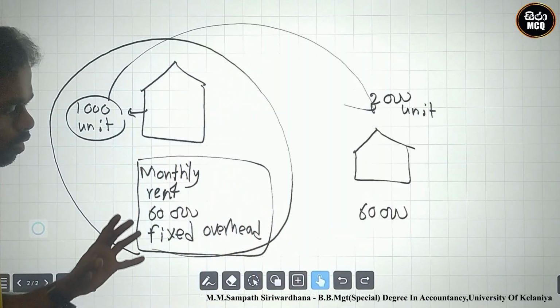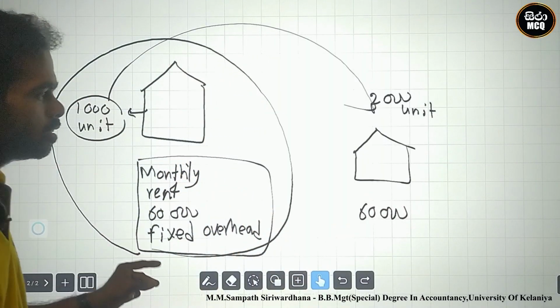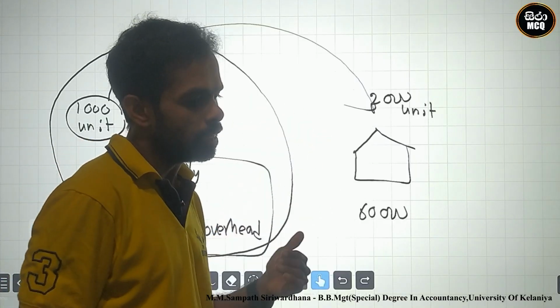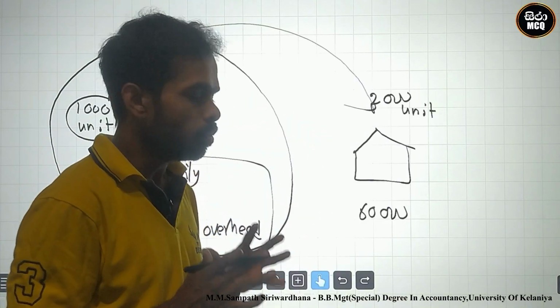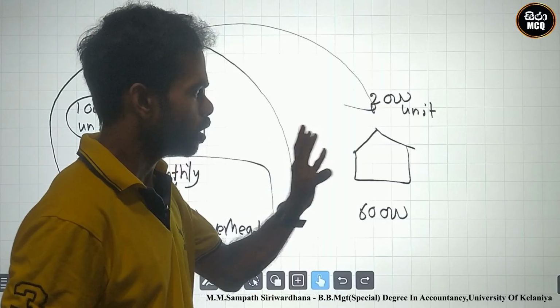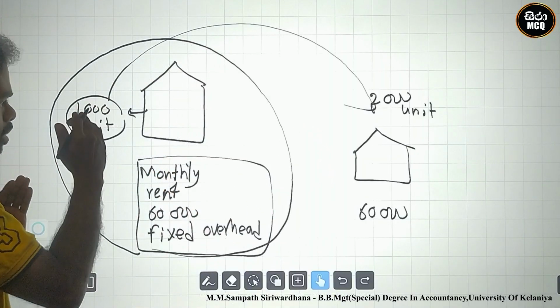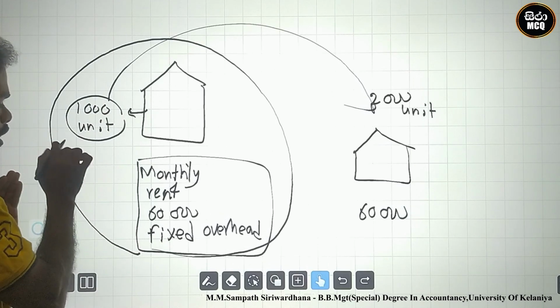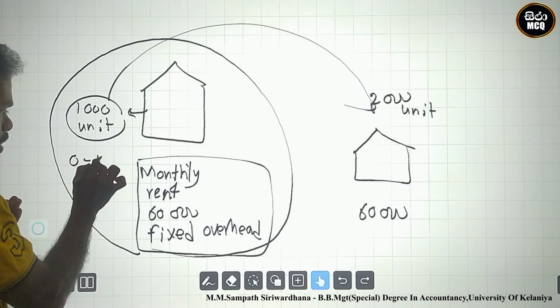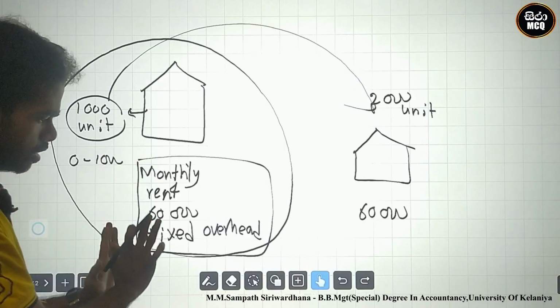You can think this is one building, and this is building number 2. Building number 2 was acquired based on the number of units. Therefore, the range is 0 to 1000, where rent is fixed.